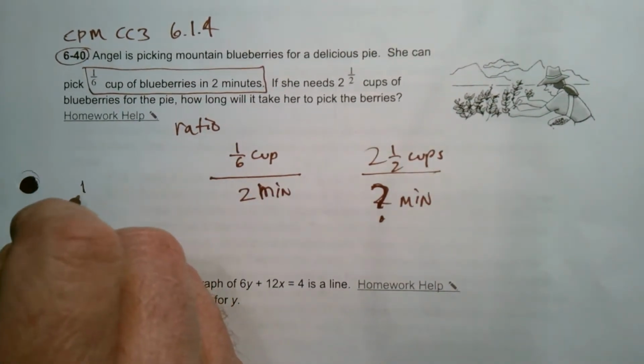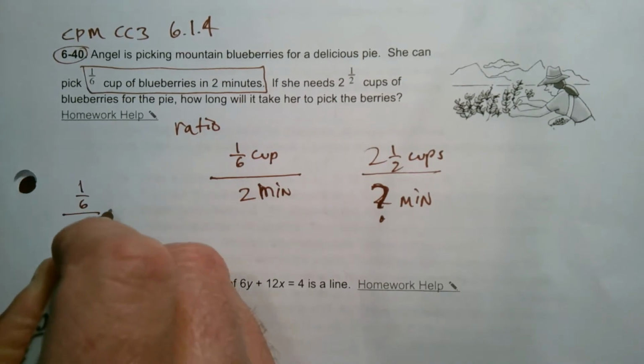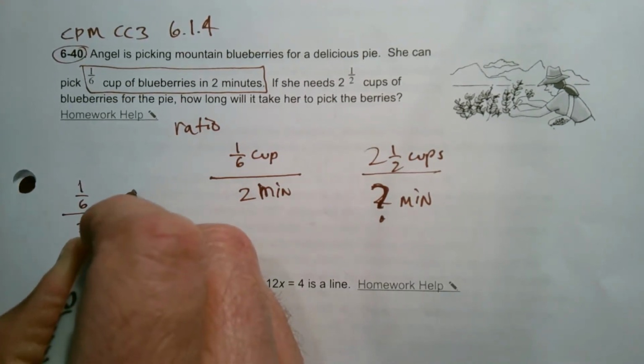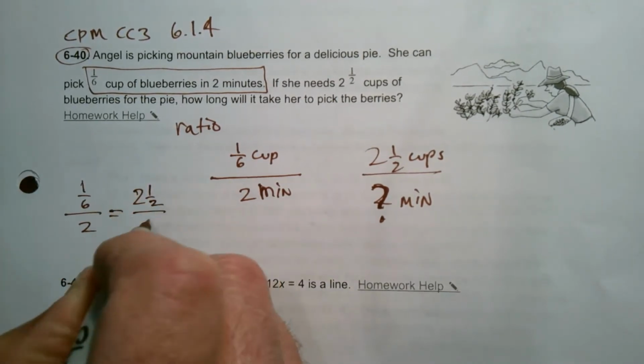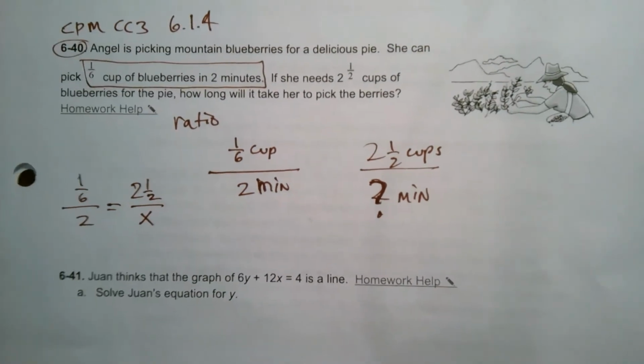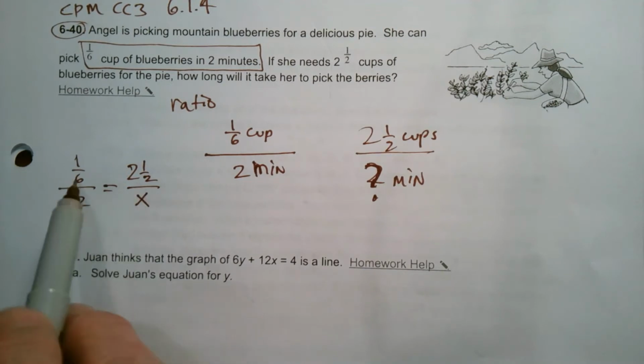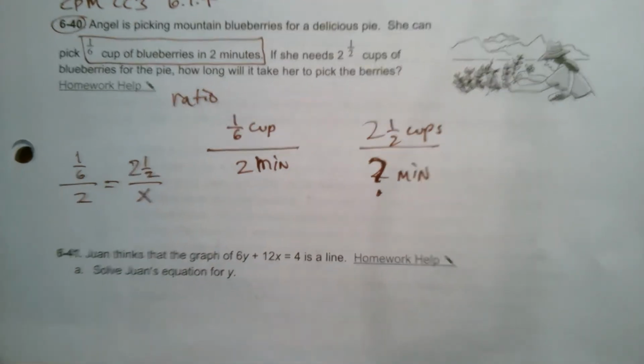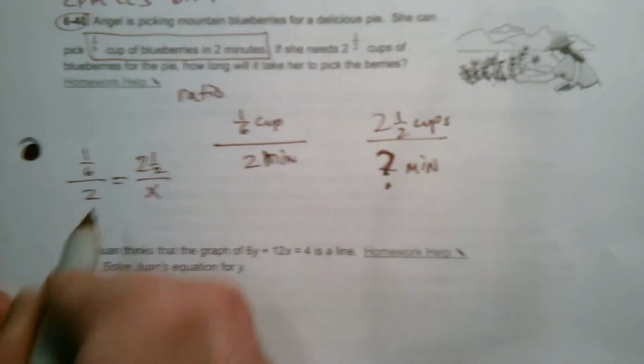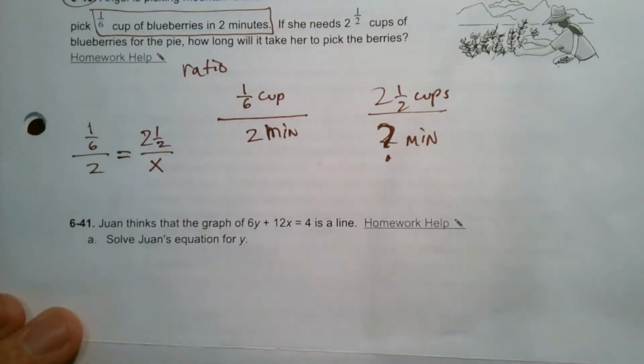So what I have is 1/6 over 2, and I want that to be equal to 2.5 over x, because that's what I'm trying to figure out. So I have 1/6 over 2 equals 2.5 over x. So I have to solve for x. I basically have this equation that I have to solve for x.